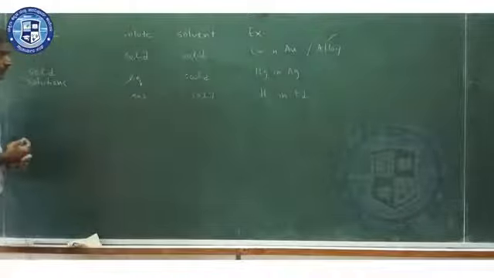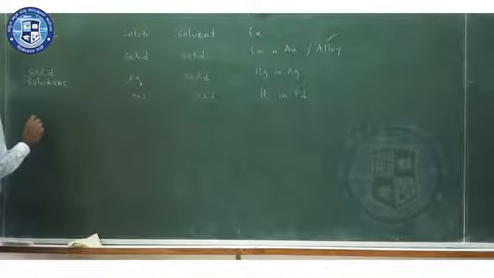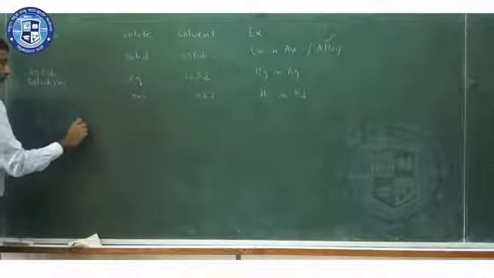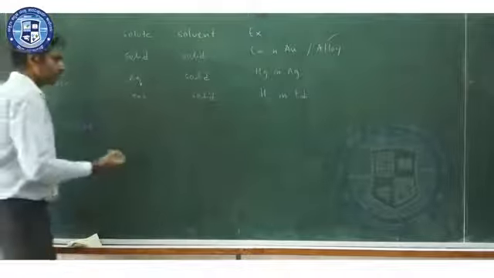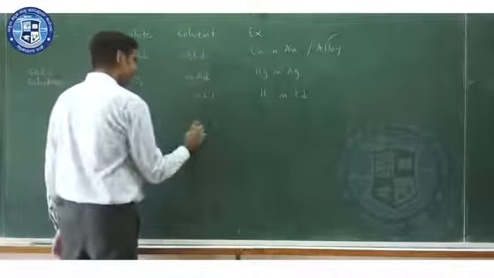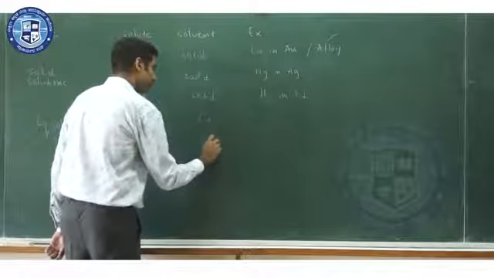Anyway, let us have a look at the next category of solution, the most common ones which we are going to study extensively in this particular chapter: liquid solutions. So it is understood that the solvent in this category will be liquids. So let me fill these 3 at a stretch.